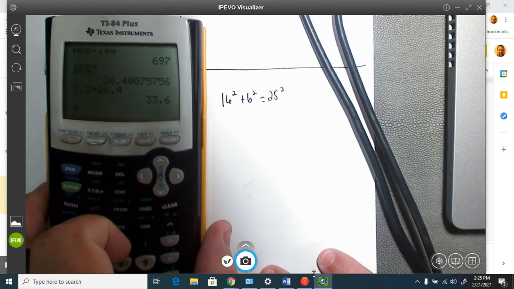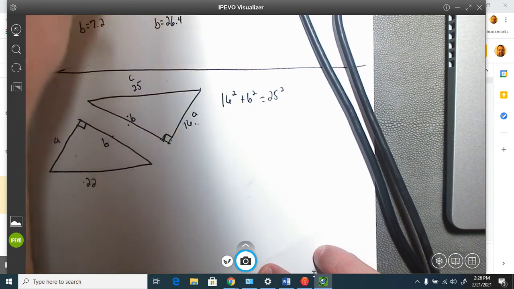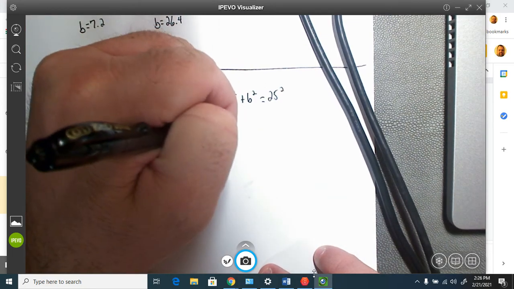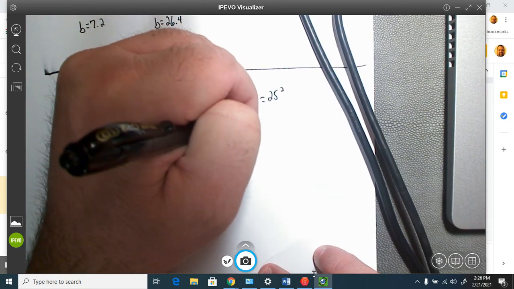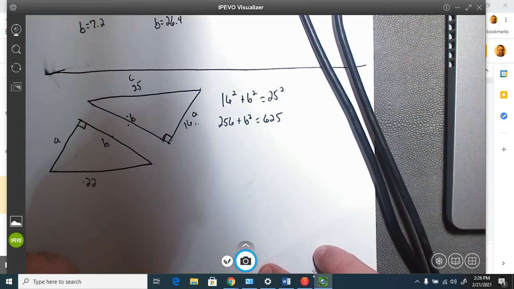So I'm going to go to my calculator. 16 squared is 256. 25 squared is 625. So 256 plus B squared equals 625.